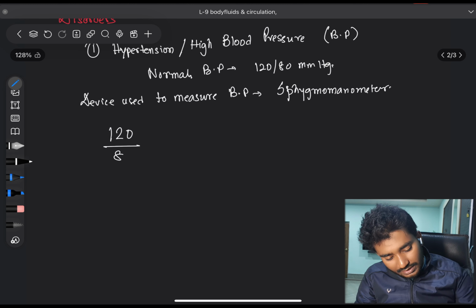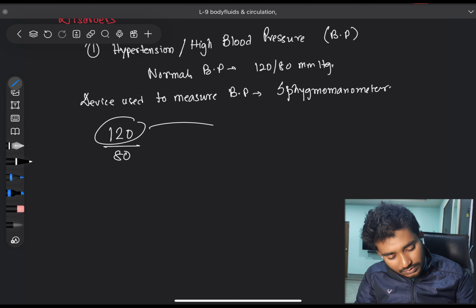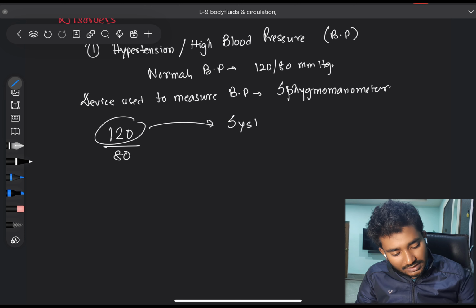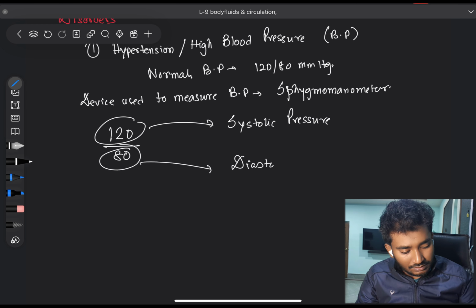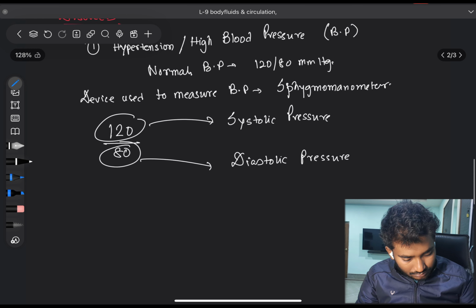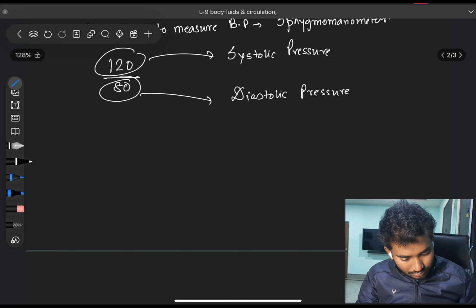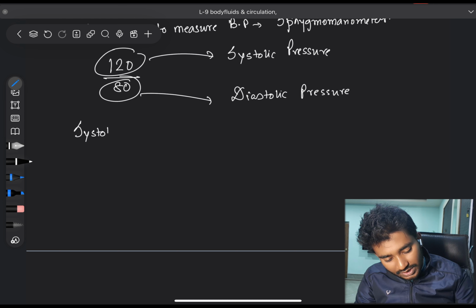In 120 by 80, the 120 is the systolic pressure, and the 80 is called the diastolic pressure. What do you mean by systolic pressure?